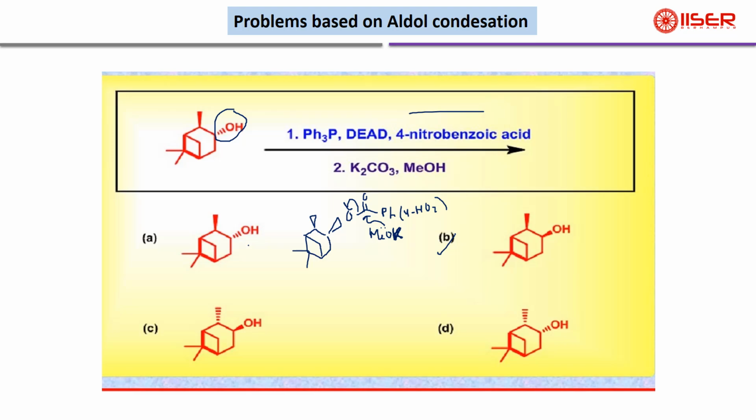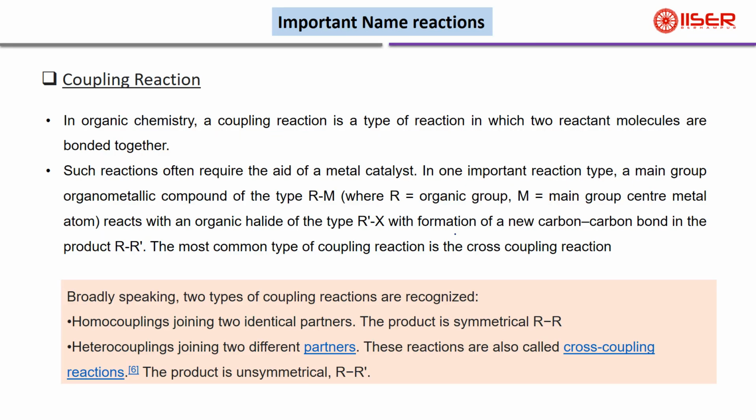Okay, next topic we'll discuss, that is coupling reactions. In organic chemistry, a coupling reaction is a type of reaction in which two reactant molecules are bonded together. Such reactions often require the aid of a metal catalyst. In one important reaction type, a main group organometallic compound of type R-M will combine with R'-X, forming a new carbon-carbon bond, giving R-R'.